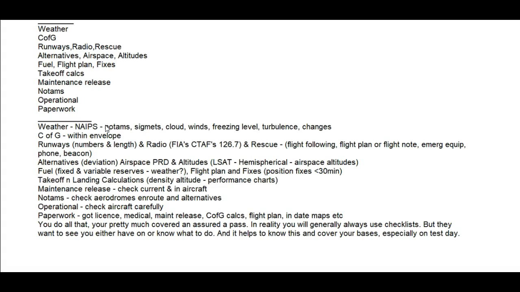If you've got a 20-knot headwind as opposed to a 20-knot tailwind, that's a huge difference in the amount of fuel. It's also a difference in the amount of time that you're up there, and it alters the heading, because if you've got a wind from your right, you need to alter your heading and track one way. If you've got a wind from the left, you need to do it the other way.